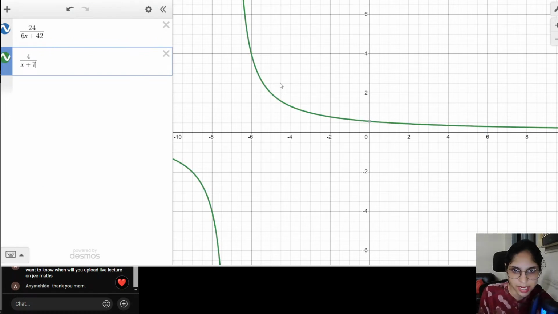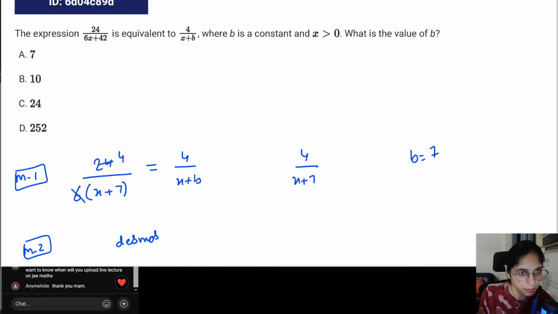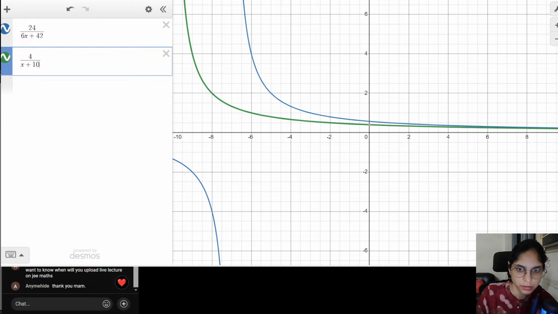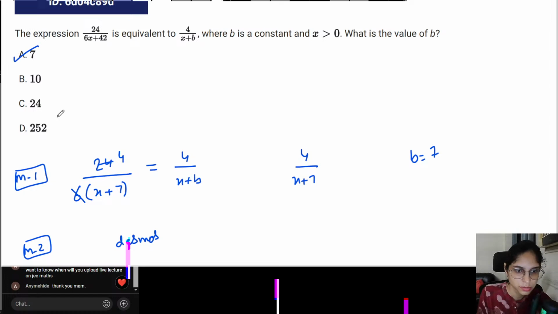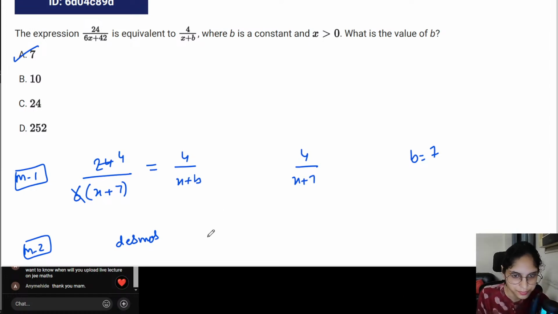You check 7, it's the exact same thing. But to be sure, 10, it's a different one. 24, it's a different one. 252, it's a different one. So this is the answer. Substitute options for b.